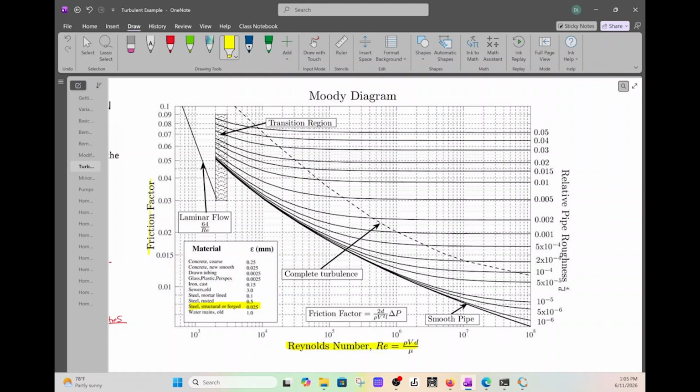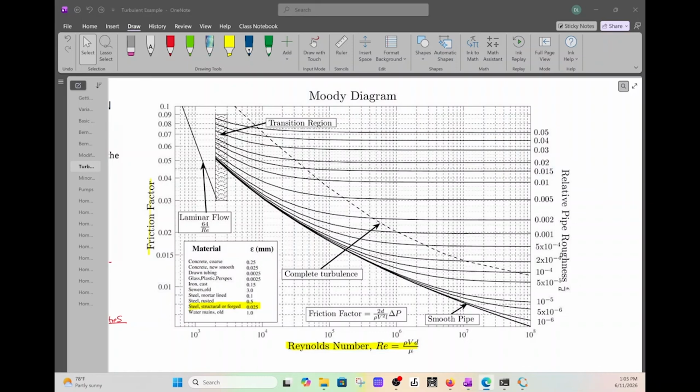And then all these solid lines are the relative pipe roughness, epsilon over D. So what we need to do is first find our Reynolds number.